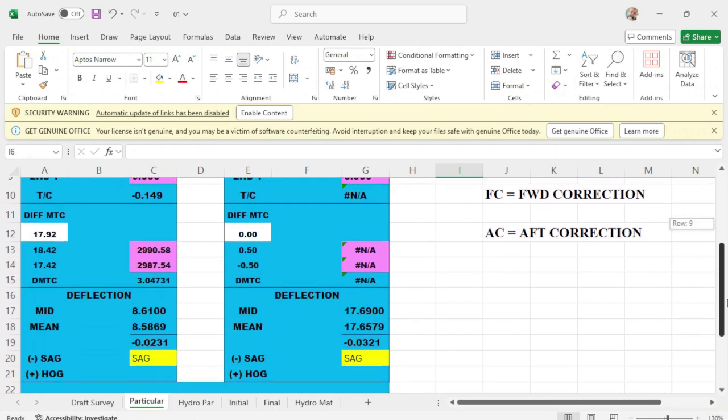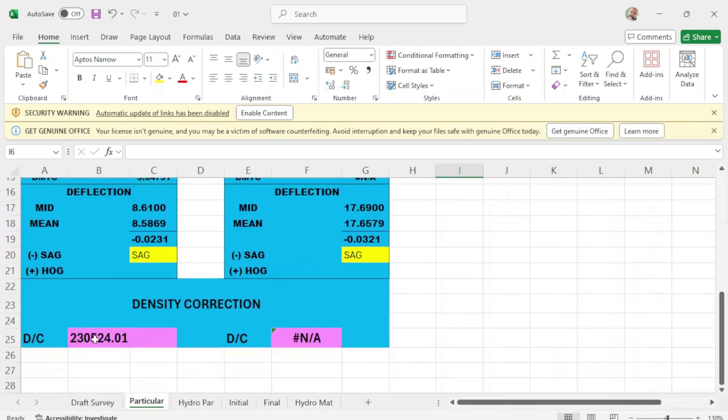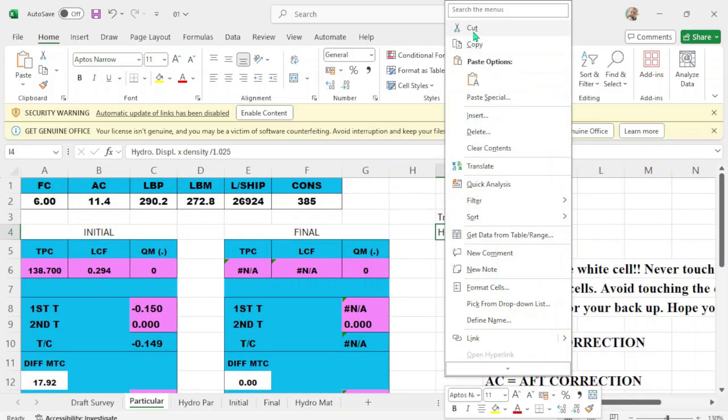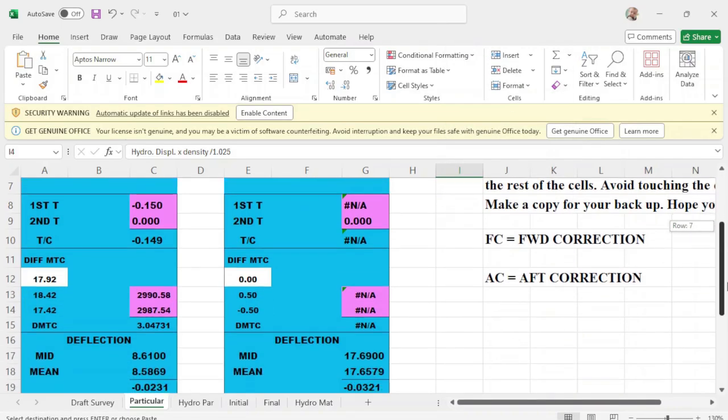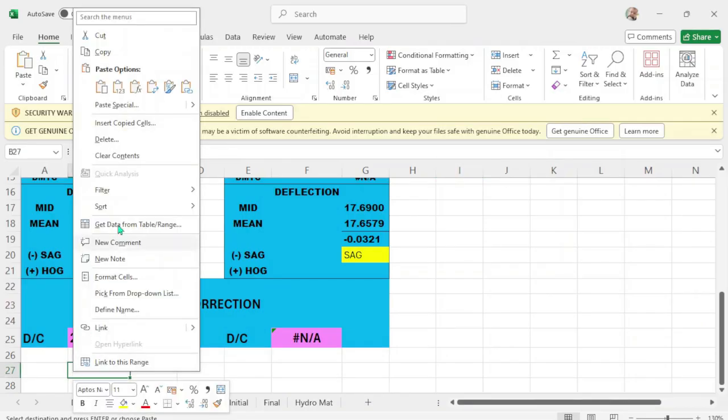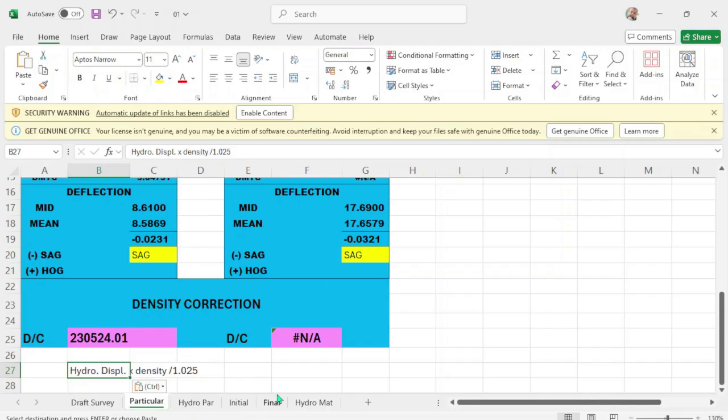I put here the density correction, this one. Copy, put it here. Paste. So density correction is displacement times density times 1.75. So you click here, equals. Take note of this figure.